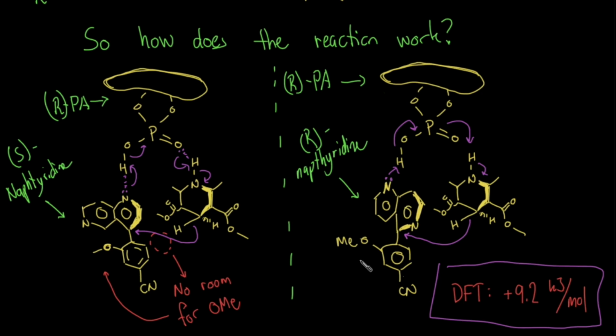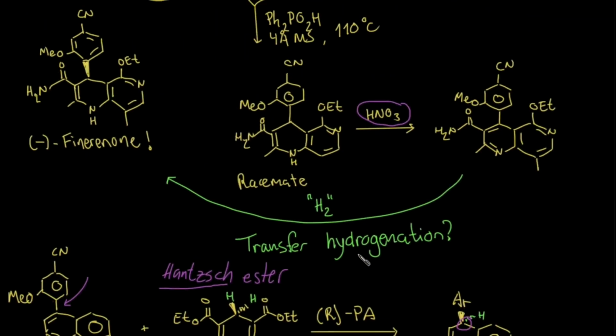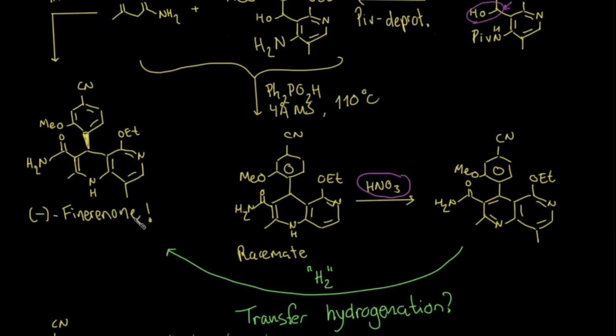So what the authors do instead is heating the reaction a bit, and what they see is that when they carry out this reaction at 100 degrees, this transfer hydrogenation is not only fast, but so is the isomerization of the starting material. In that way, they are able to constantly have a replenished source of the matched or favored S atropisomer of the starting material, and therefore they form their desired product in an 82% yield, and perhaps more importantly, with in excess of 90% EE, depending on the conditions.